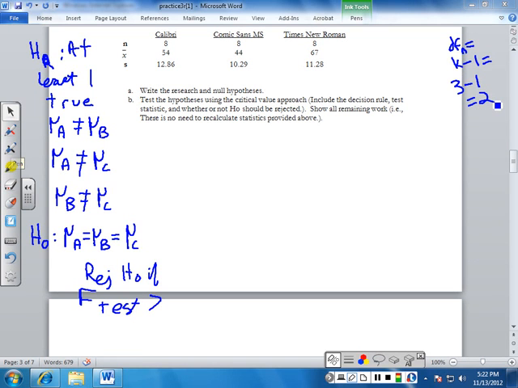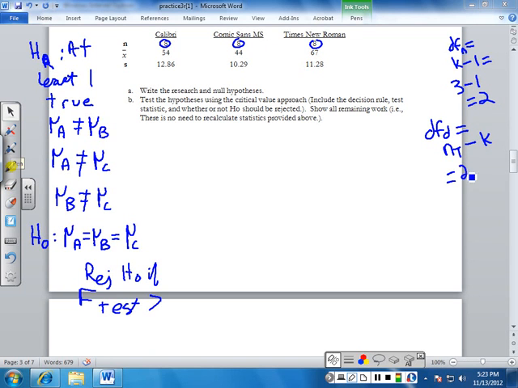And then for the denominator, it's going to be the total sample size, which I'll call NT, minus k. The total sample size, we had 8, 8, and 8, for a total sample size of 24.